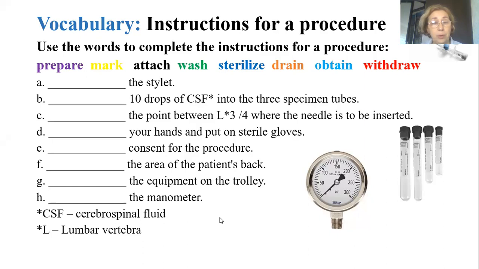Lina, what do you suggest to use here? Mark the point between lumbar vertebra 3 and 4 where the needle is to be inserted. So to mark, so we can understand where the needle should be applied.